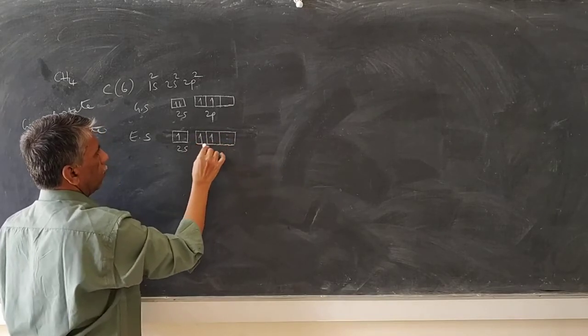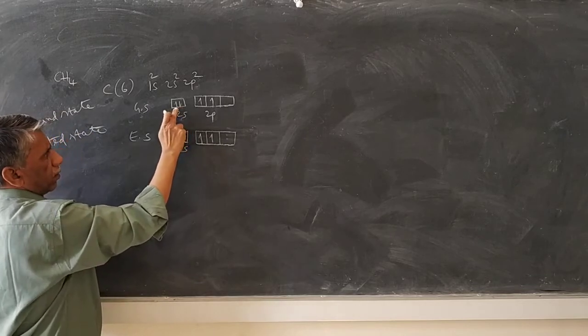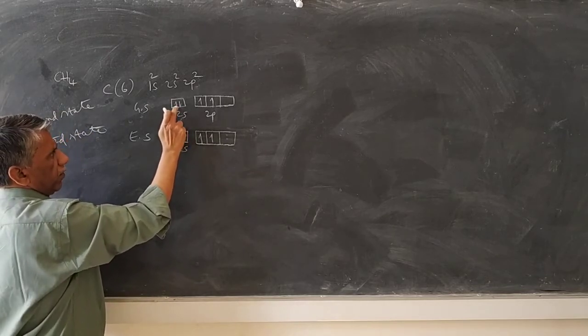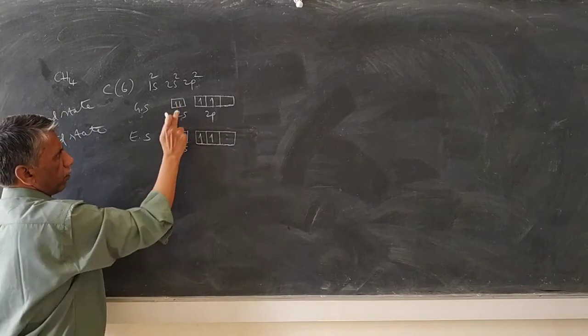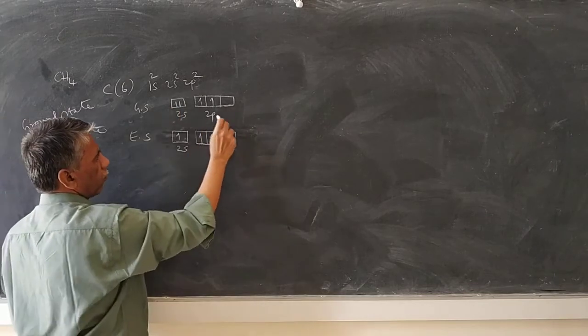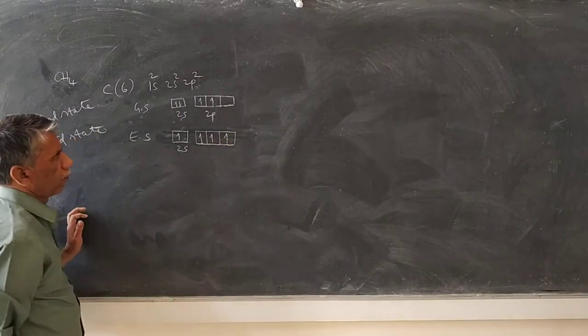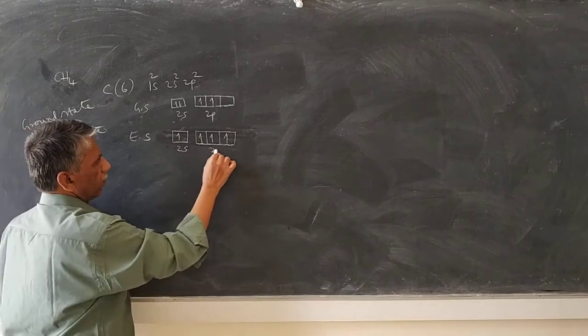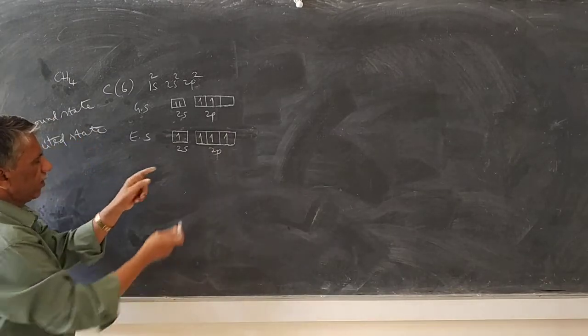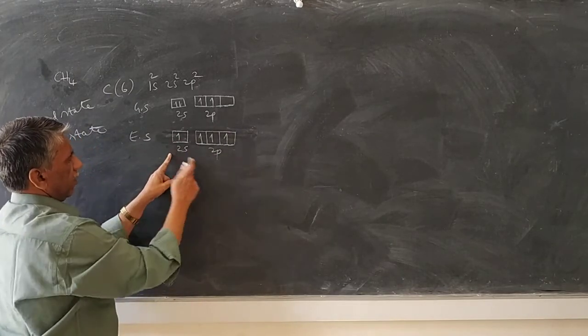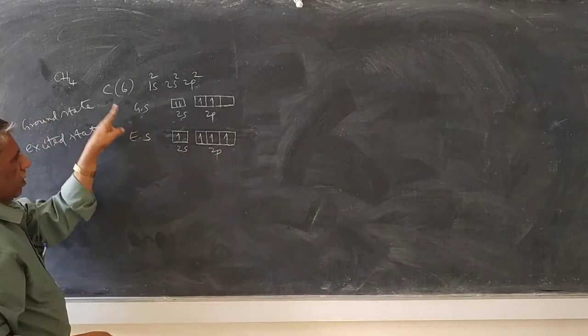One, two. So of the two electrons in 2s, one electron is kept here and another electron is sent to 2p. This is 2p. So this is the excited state configuration of the carbon atom.